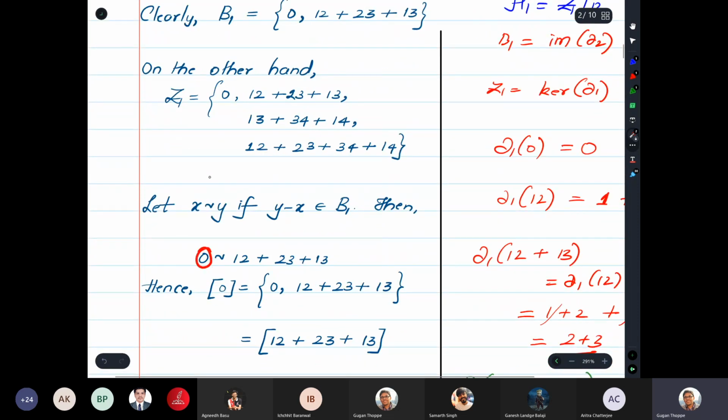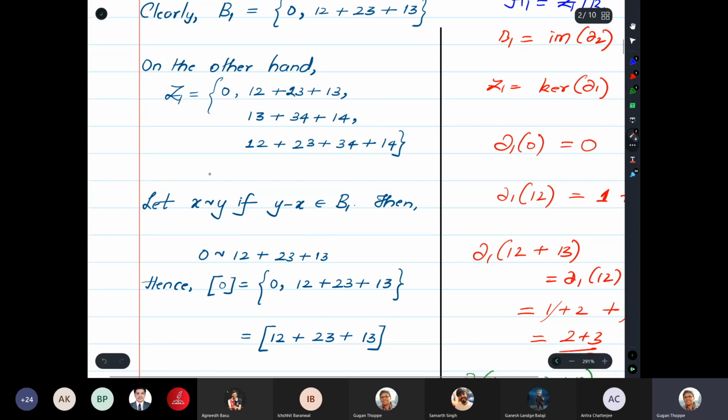So the question is, is 0 equivalent to this other one chain that is there in B1, right? In order to verify this, what we have to ask is, we take this 1 2 plus 2 3 plus 1 3, subtract from it 0, and we ask whether this lies in B1 or not. But that is trivially true, and hence it follows that these two elements we will think of as being one and the same, right?